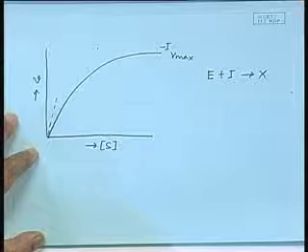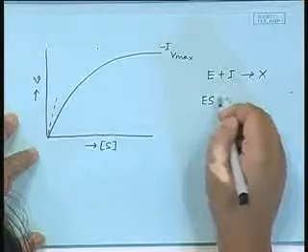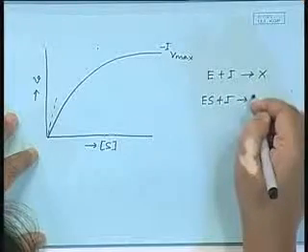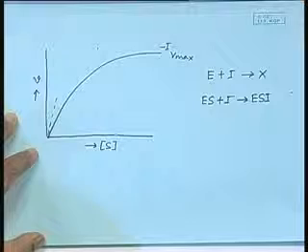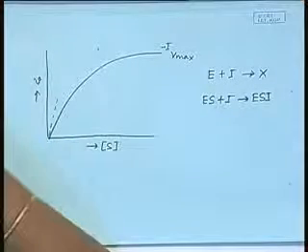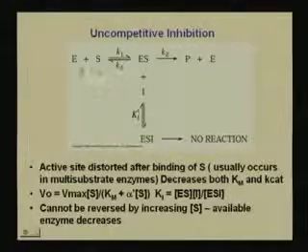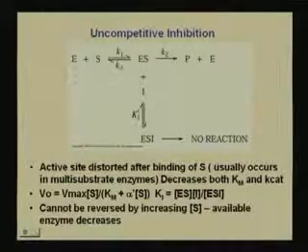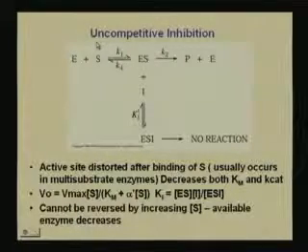There is no E plus I here. There is only ES plus I to form ESI. Right? Let's go back here. E plus I does not happen here. That happens for non-competitive inhibition.